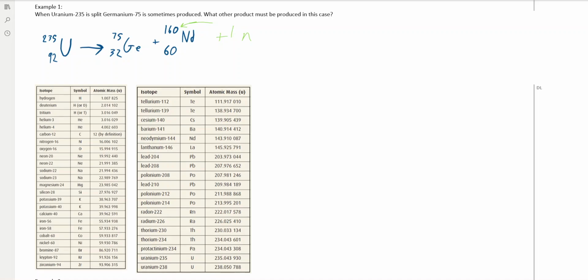Or if we were so nice, we could have 14 neutrons released, which would make this 146, in which case we could use this number to find out the mass of this thing. But we don't even have this one either, so it just kind of all goes out the window. So we can't actually solve this any further, but you should be able to say that it is neodymium that is produced in this equation.